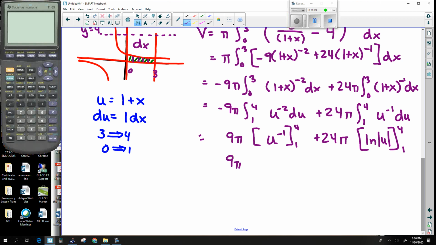So this is going to be 9 pi of 1/4 minus 1. And then this is 24 pi of ln of 4 minus the ln of 1, which is 0.